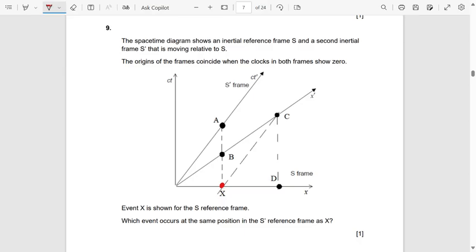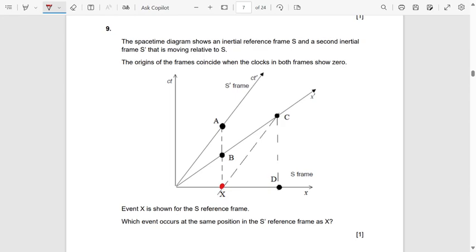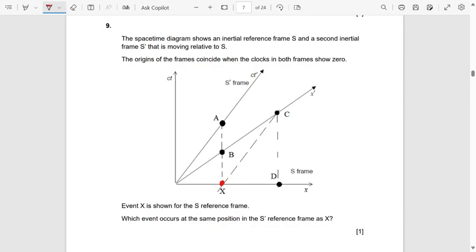Okay, so this is something I find really, really difficult. My brain is just struggling with all this relativity stuff, but I'll try and explain it as clearly as I can. So in special relativity, for two events to occur at the same position in the S prime frame and the S frame, they must lie along a line that is parallel to the CT prime axis.